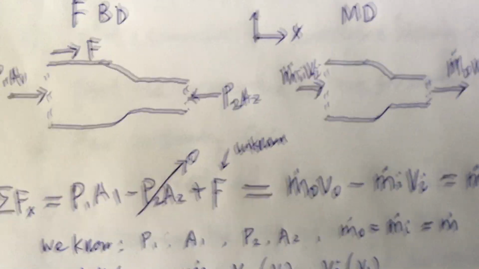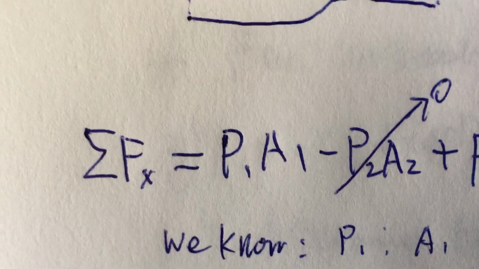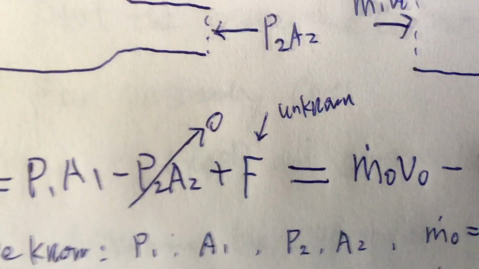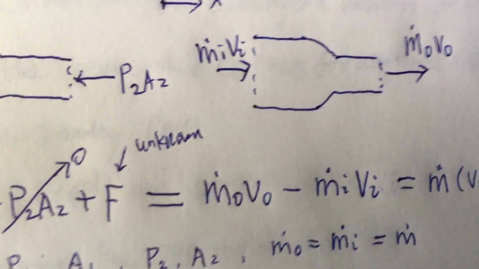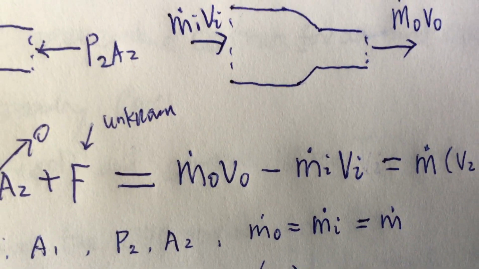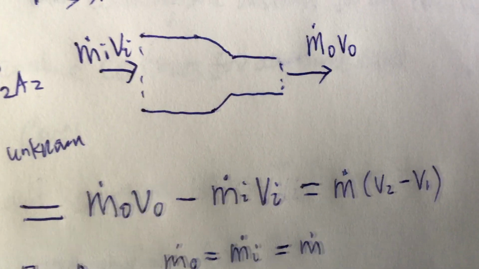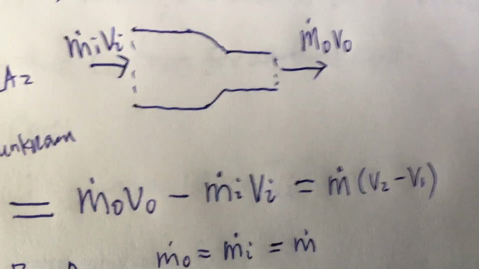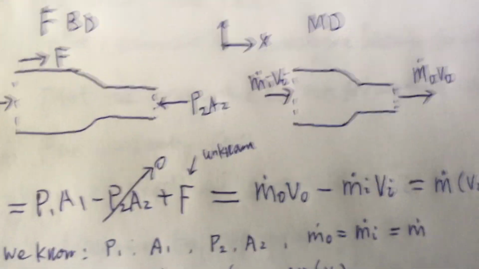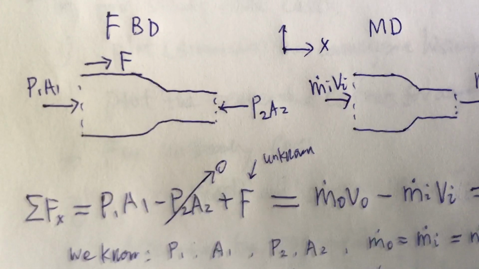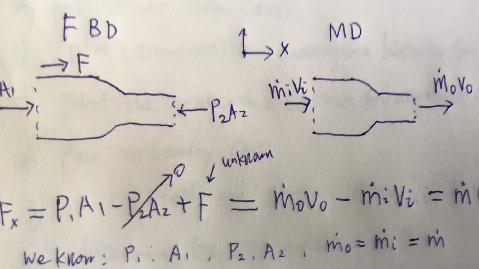Well, we know P1 and A1, that's given, okay? P2 A2 is already 0. And we know mass flow rate out equals mass flow rate in equals m dot. But we don't know the value of mass flow rate, as well as V2 and V1. We know none of them in the right hand side. We only know P1 and A1 in the left hand side. So what is your goal next?